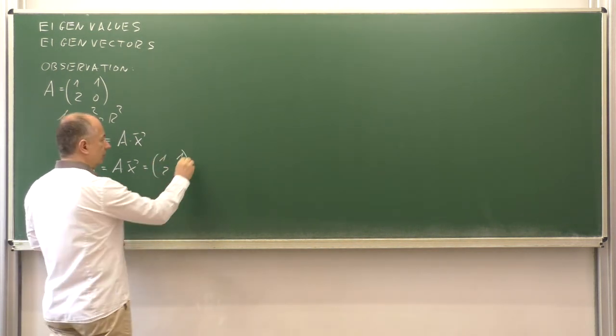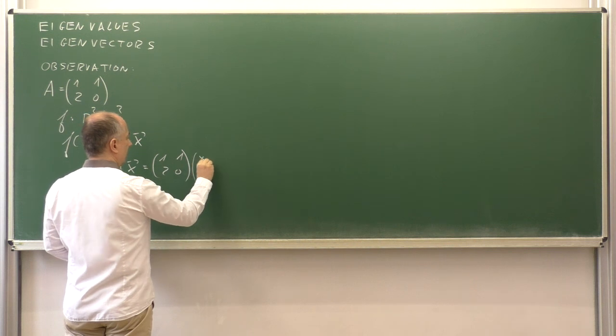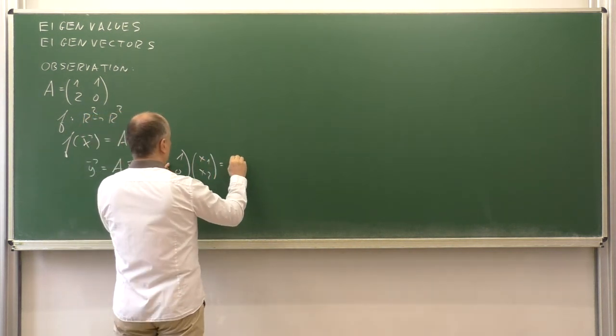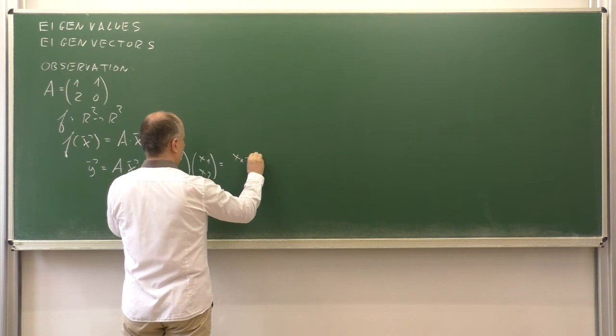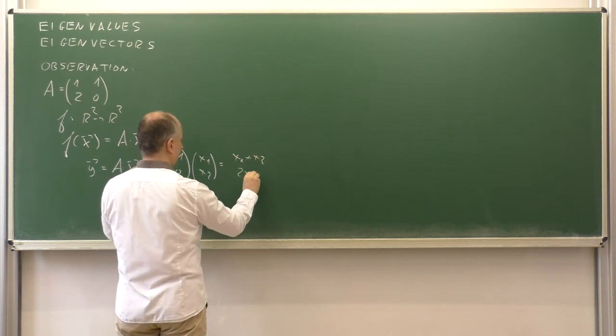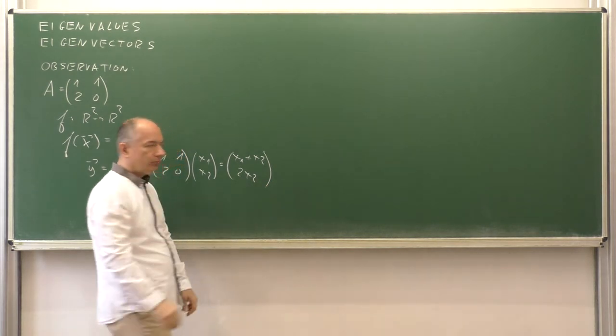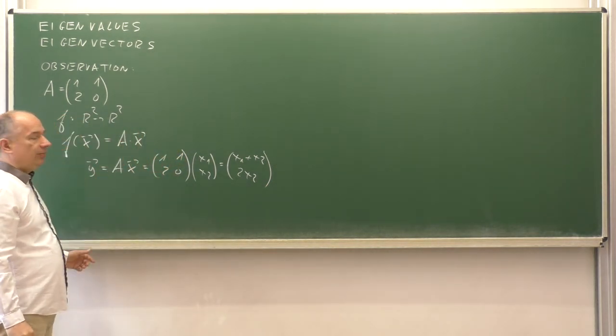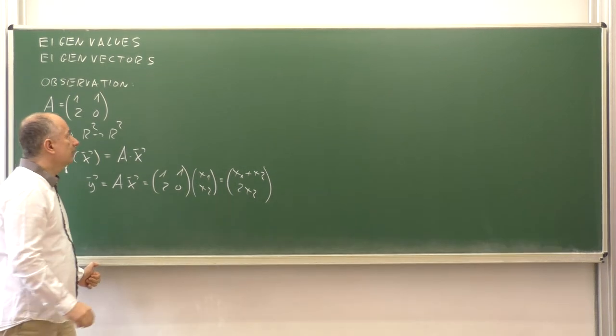And if we denote the coordinates of x as x1, x2, then this is x1 plus x2, and the second coordinate is 2x2. Let's have a look at what is the effect of this map on a few chosen vectors.